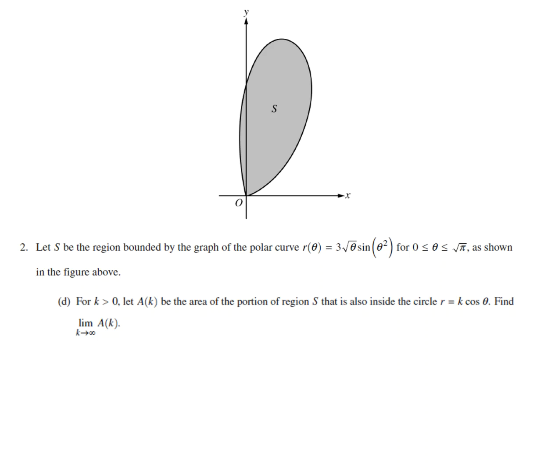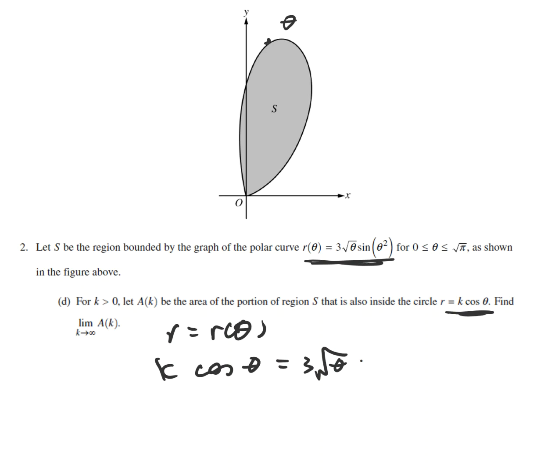So first, we need to figure out where the two regions intersect. So we need to find the theta value where r equals k cosine of theta intersects with r of theta. So we set r equal to r of theta, which is k times cosine of theta equals 3 times the square root of theta times sine of theta squared.